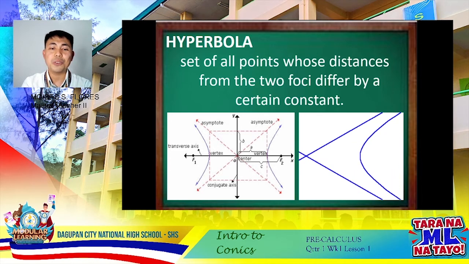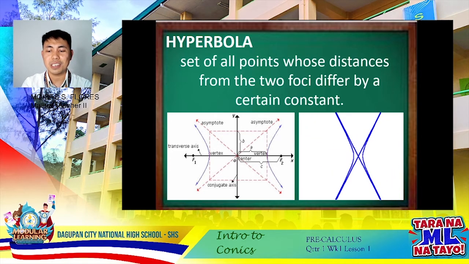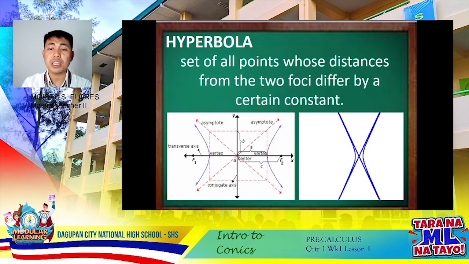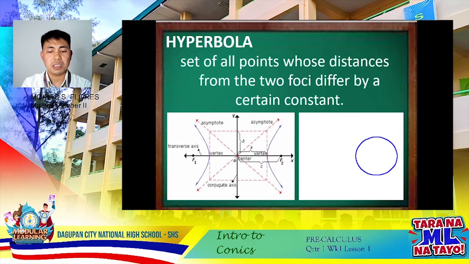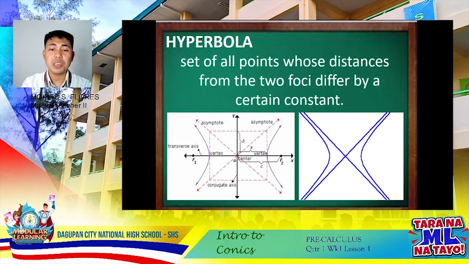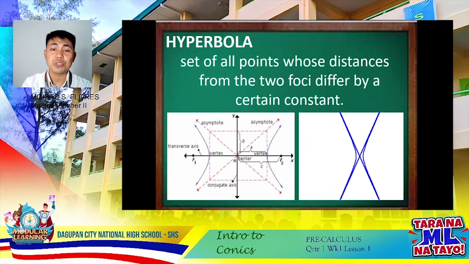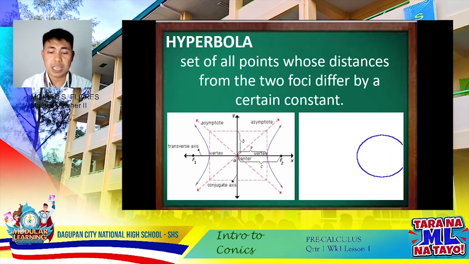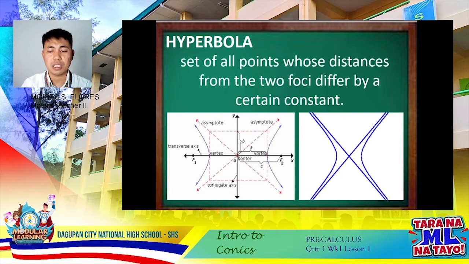The major axis, or transverse axis, is usually the location of the foci and the vertex or vertices. On the other hand, the minor axis or the conjugate axis is the other axis. We also have here the term asymptote, as you observed on our diagram, and this will be further discussed in our succeeding lessons.